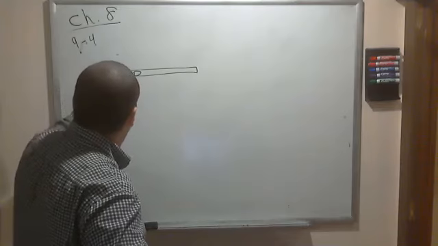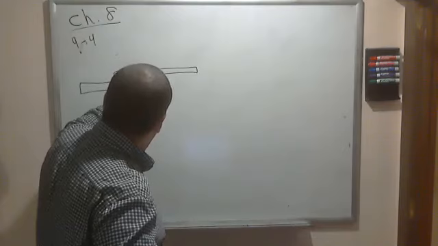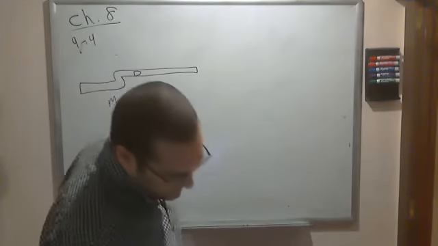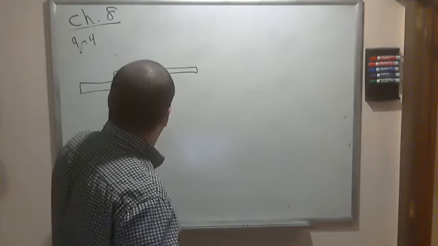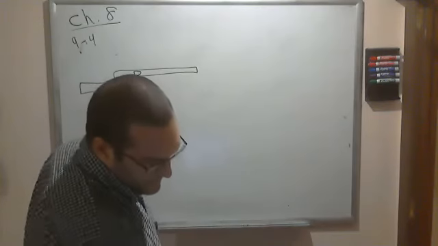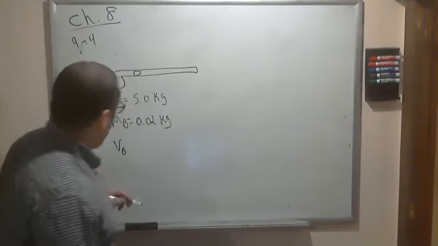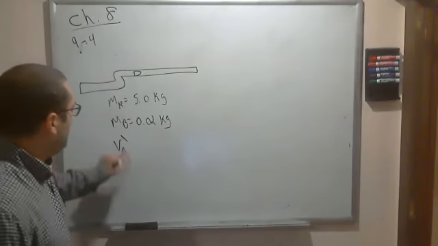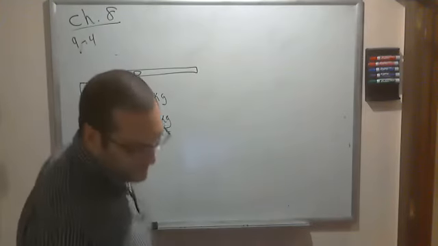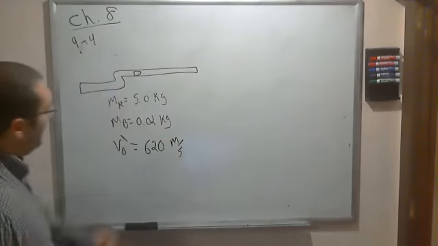The mass of the rifle, R, is 5 kilograms, and the bullet, B, is 0.02 kilograms. The speed of the bullet leaving the muzzle, the speed of the bullet after the explosion, we'll use prime, we measure to be 620 meters per second.